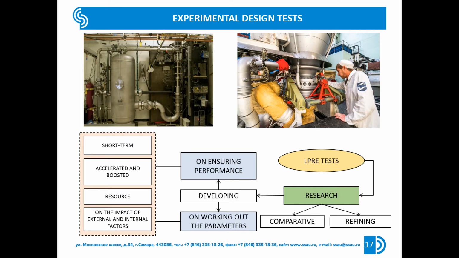External factors are simulated by bench test systems. The influence of internal factors on the output parameters of the LPRE, thrust and fuel component ratio, is compensated by appropriate adjustment. However, this doesn't eliminate the dispersion of the internal parameters, pressures behind the pumps, gas temperature before the turbine, etc. And under certain operating conditions, they can become critical.